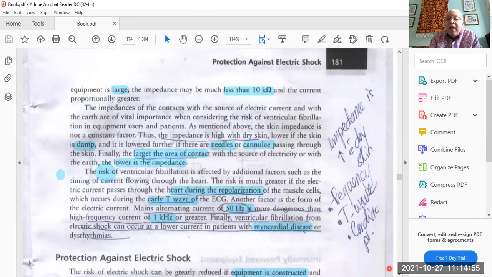And of course, if the electrical current reaches the heart during the P wave, it is more liable to cause electric shock, causing ventricular fibrillation more easily.